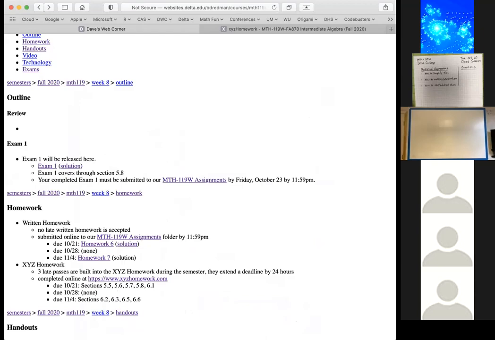What do we want to do? Let's start to work on what we're doing today. So rational expressions, simplify them. That's what we did last time, in the week before the exam.